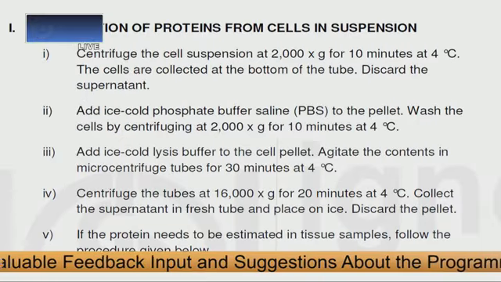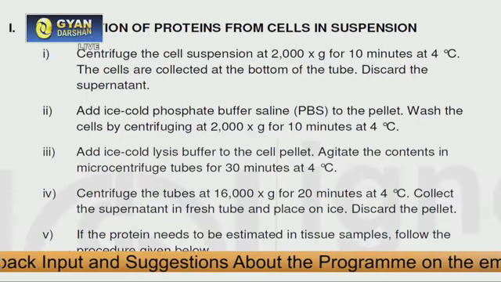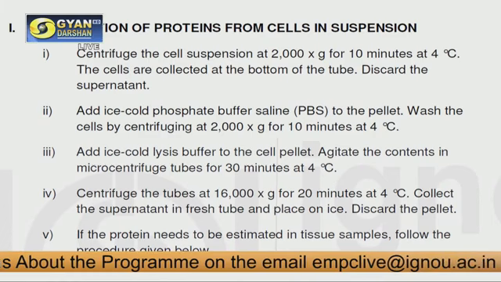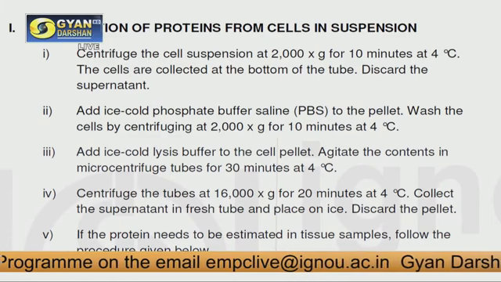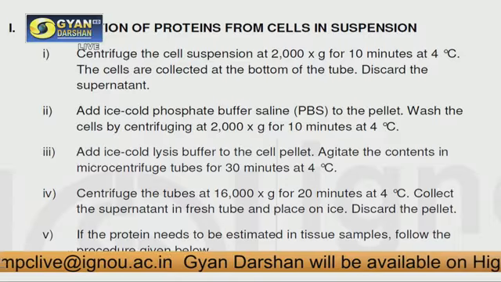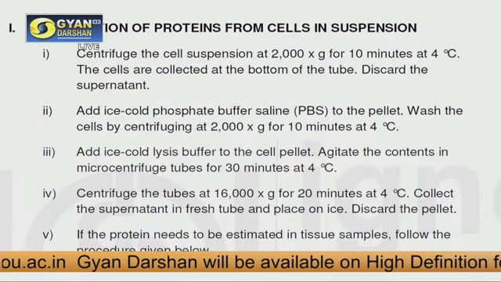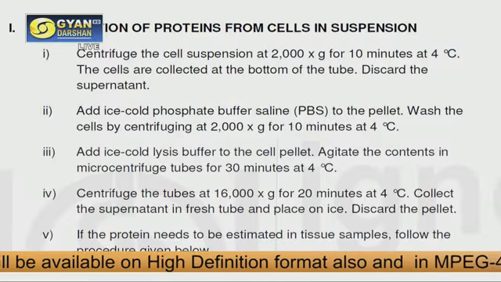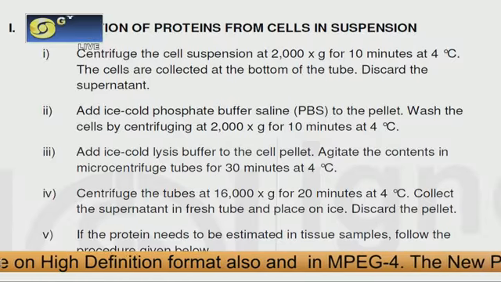Or let's say you are extracting proteins from cells in suspension, that is suspension cultured cells. Then you centrifuge the cell suspension, discard the supernatant, get the pellet, then add ice cold phosphate buffer saline and centrifuge again.